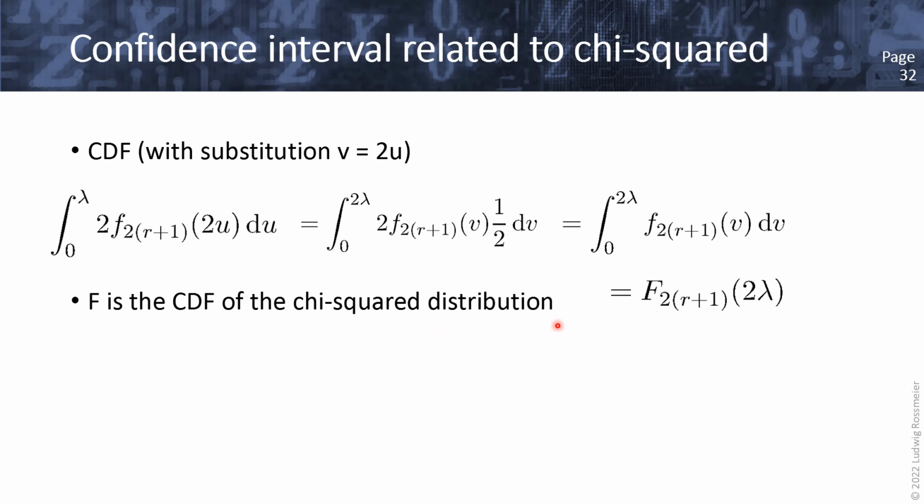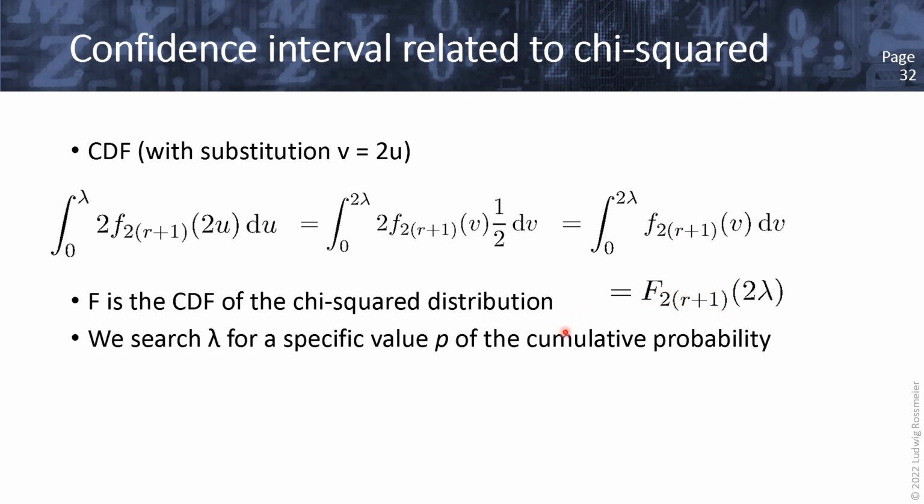If we now use a capital F as a symbol for the CDF of the chi-squared distribution, we have as an upper parameter the 2 times lambda, we have in the index 2 times r plus 1. Now we do the same exercise as before. We search a lambda for a specific value of p of this cumulative probability function.